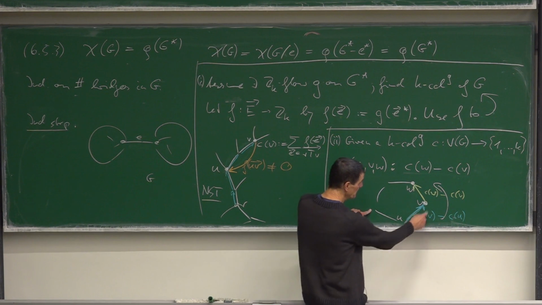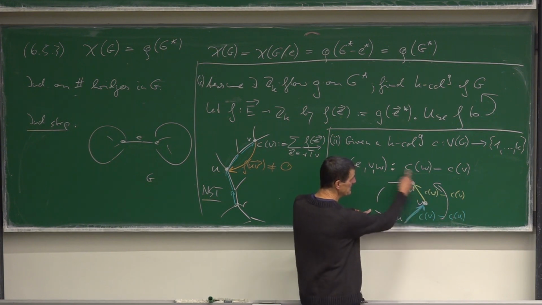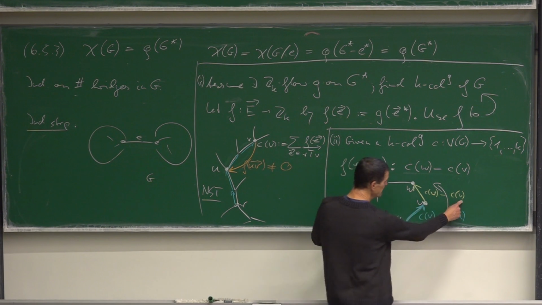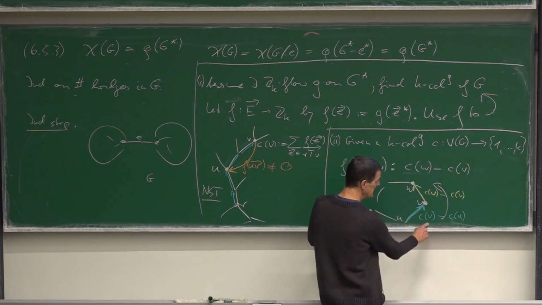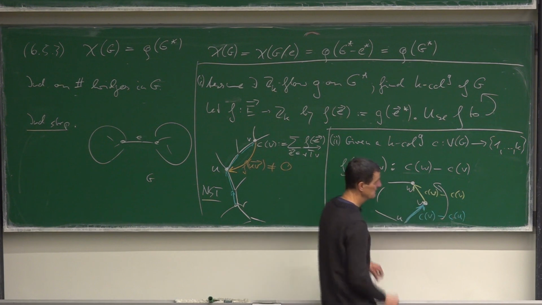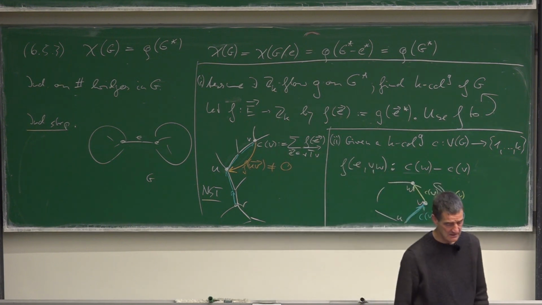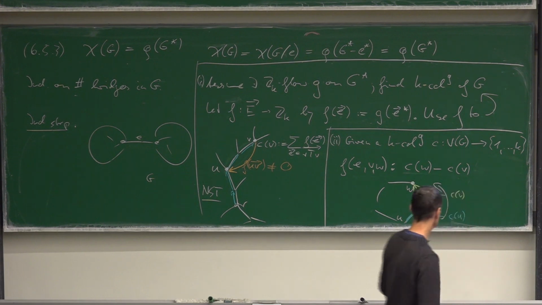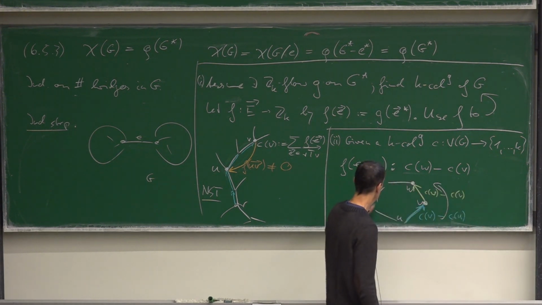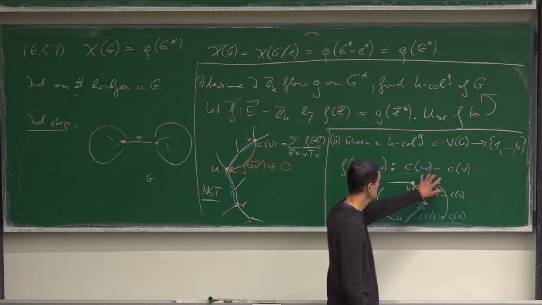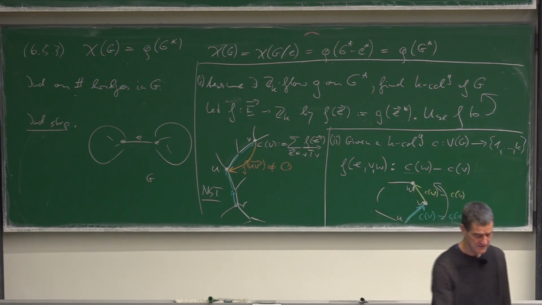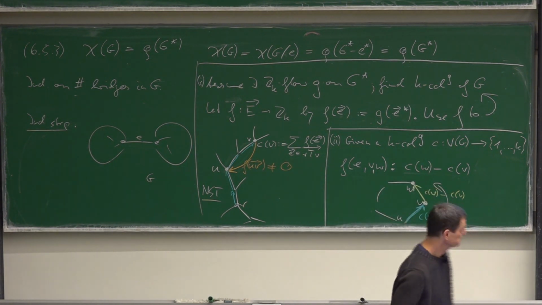And you see that the C's all cancel out when we sum over all these edges. So the C of V, which is subtracted here, is added here. So each value under the coloring gets added and subtracted exactly once when we sum around these oriented edges where F is defined like this.